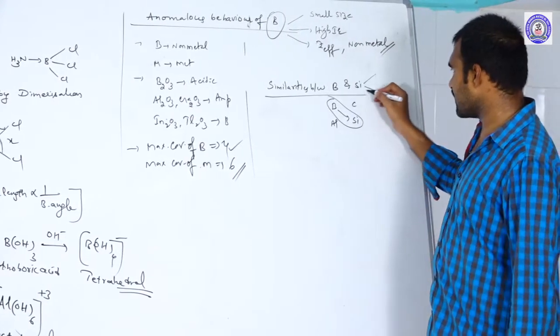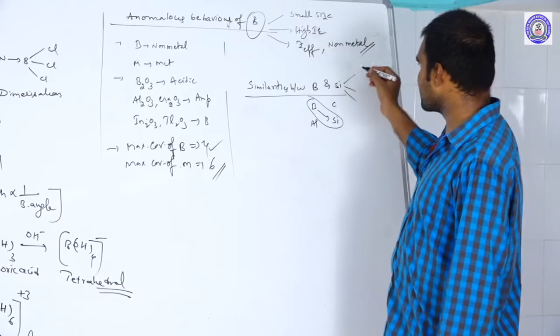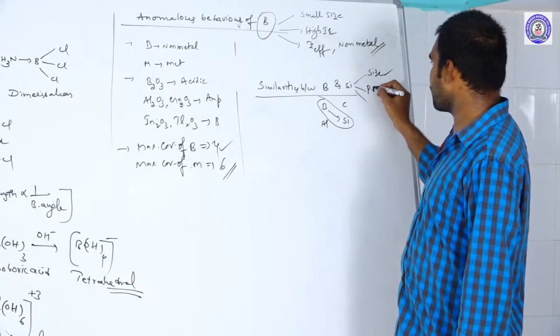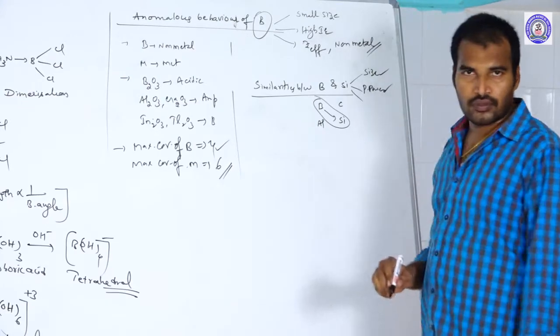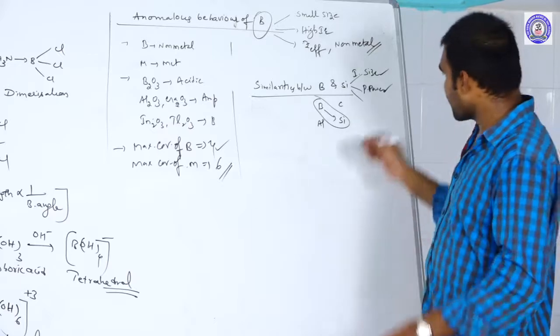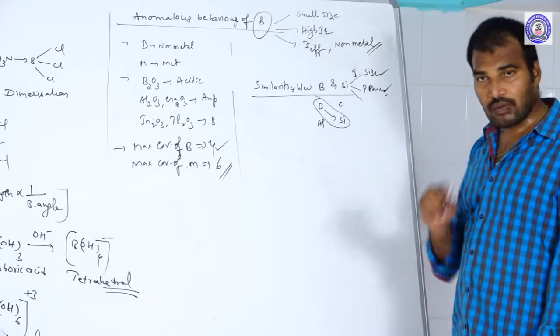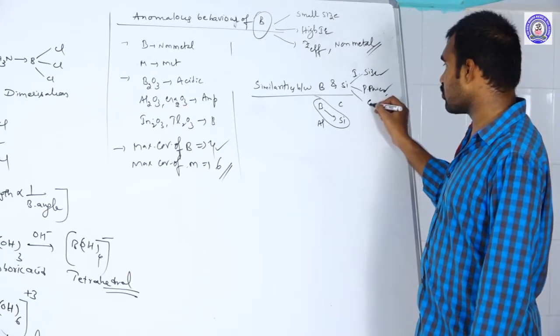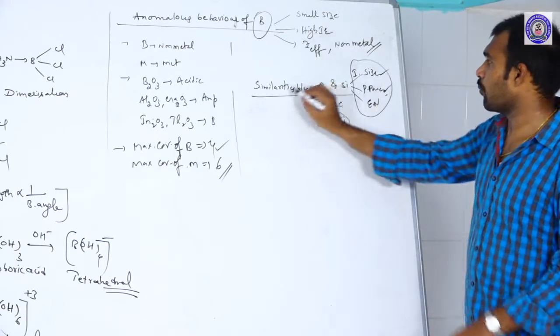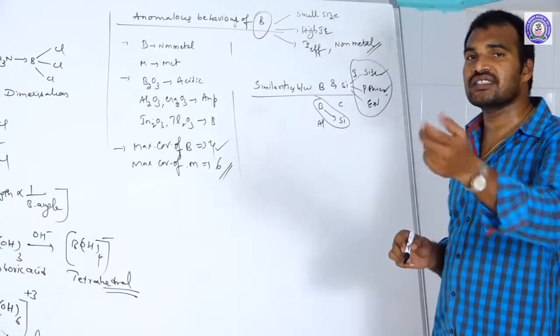What are the reasons? Their sizes are the same, their ionic sizes and polarizing powers are the same, and their electronegativity is also the same. Because of these three reasons, boron shows similarity with silicon.